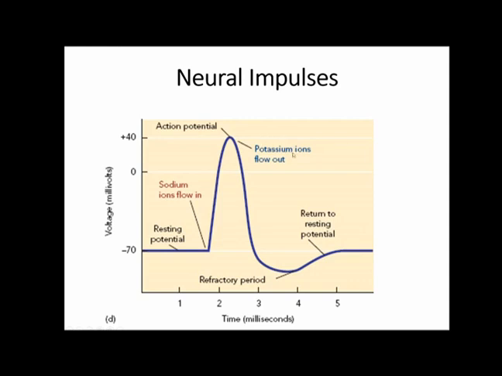So the symbol for potassium is K, and if it's in ionic form, potassium would be K+, again indicating that those ions are slightly positive charged. And so once we've hit this point, there are lots of positive charges inside the cell, and the cell opens up gates that are specific to potassium, and it lets the potassium leave because positive charges don't like to sit next to other positive charges.